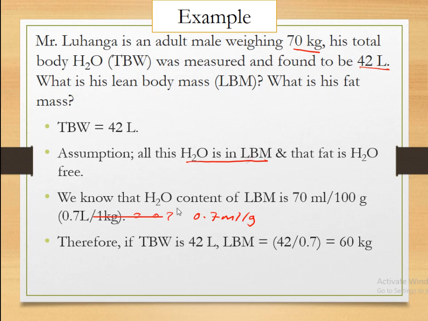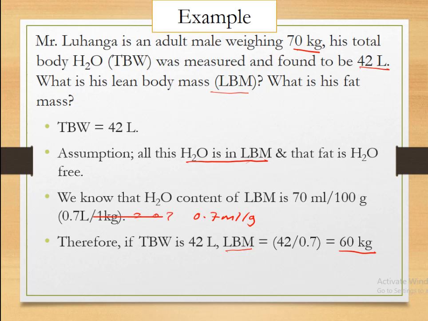So for us to find the lean body mass, which we have been asked, we are going to use the amount of water which is there, and then we use the ratio, and this will simply give you the 60 kg.